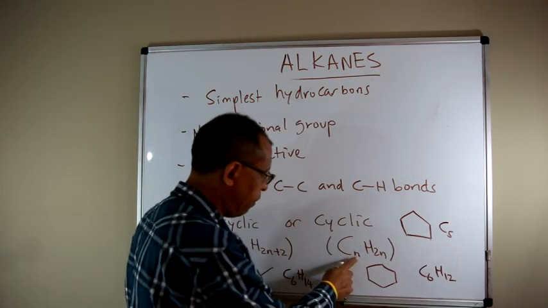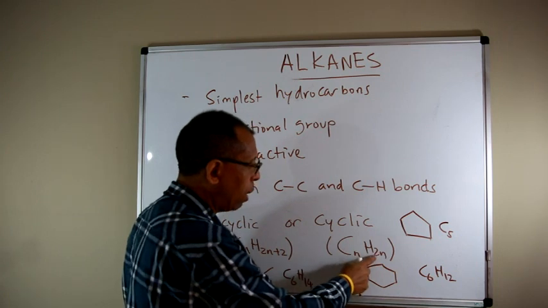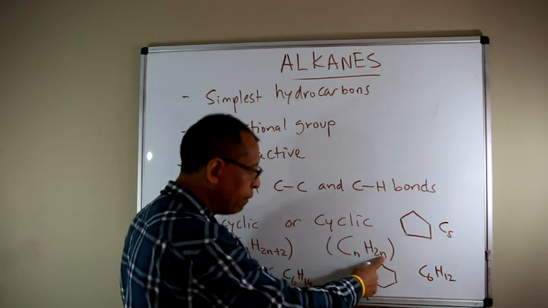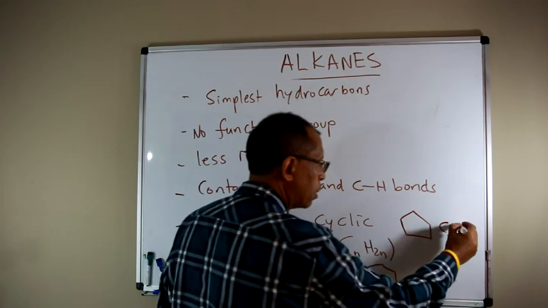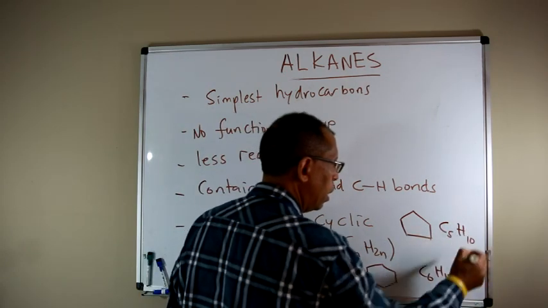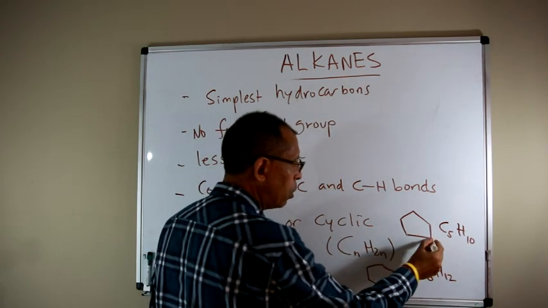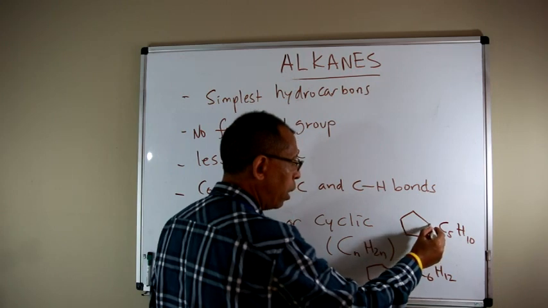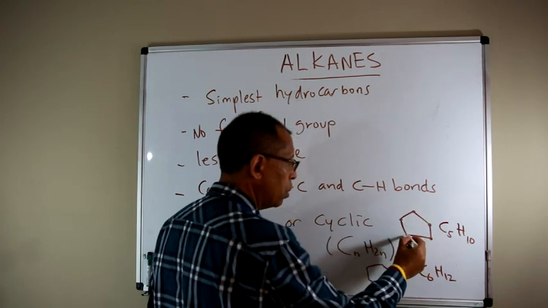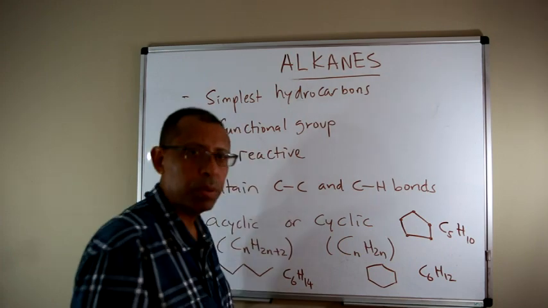So if you have C5 here, 2 times 5 is 10, so the hydrogens should be exactly 10. If you just count them, 2 hydrogens here, 2 hydrogens, 2, 2, 2, there are 10 hydrogens.